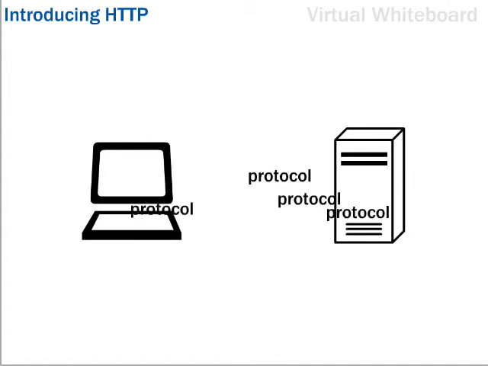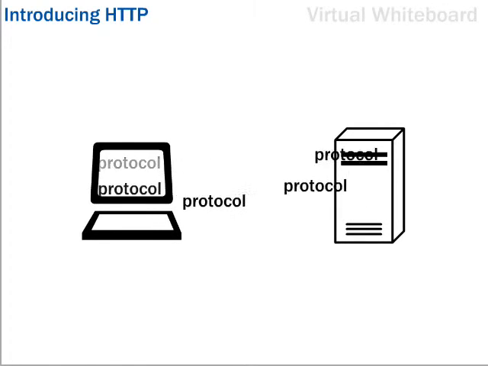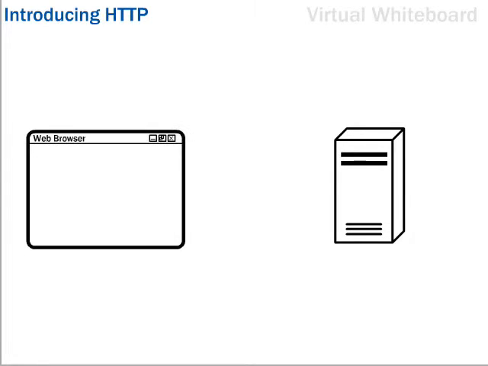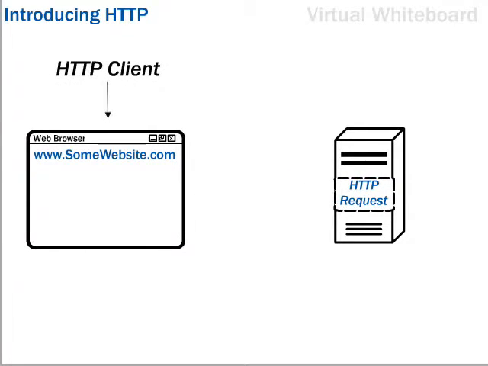Various protocols are used for communication over the World Wide Web. Perhaps the most important is HTTP, which is the protocol that is also fundamental to Ajax applications. When you request a web page by typing its address into your web browser, that request is sent using HTTP. The browser is an HTTP client and the web page server is an HTTP server.